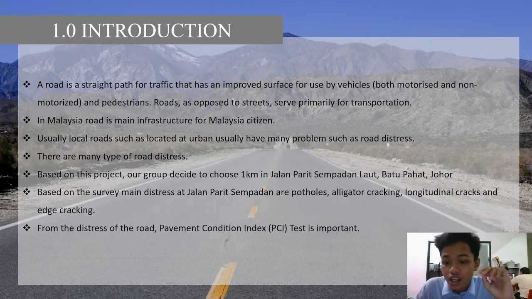Based on the survey, the main distresses at Jalan Parit Sepadan are potholes, alligator cracking, longitudinal crack, and edge cracking. From the distress of the road, the pavement condition index, also called the PCI test, is important because from the road distress we can determine the pavement condition index.